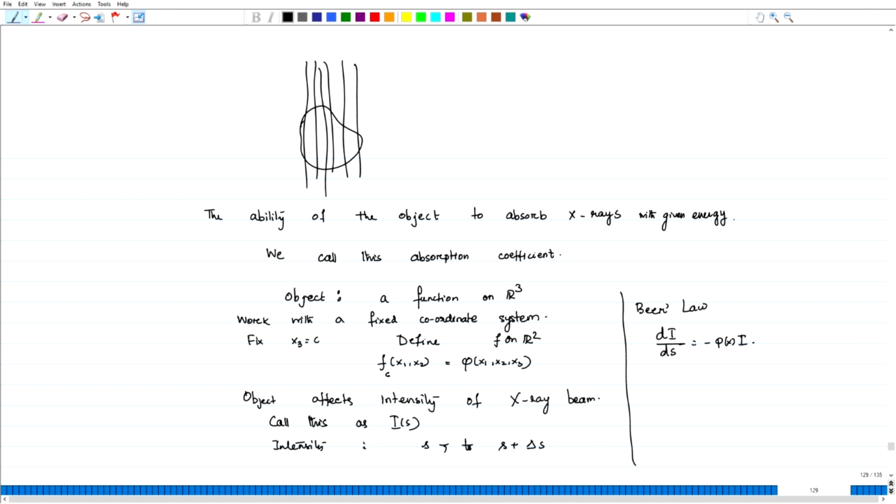So, now our question is how we are going to reconstruct the object, which is a 3-dimensional function, given the information on the 2 dimensions, or for example, if we get it from all the planes. So, we have the information of the function averaged over the plane, and from that information we would like to reconstruct the function.